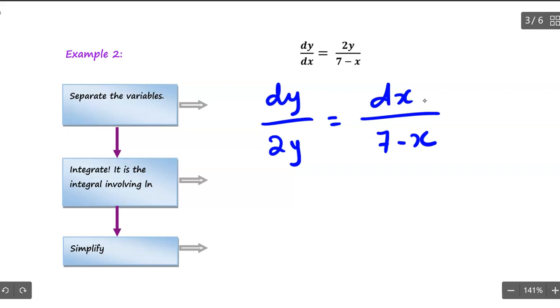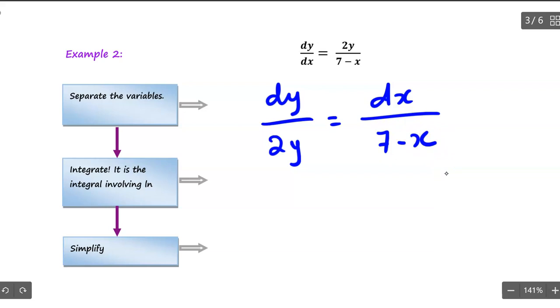Now you see, you already separated the variables. Separation of the variables means the differential dy will go with the term y, and the differential dx will go with the term 7 minus x, the expression involving x.